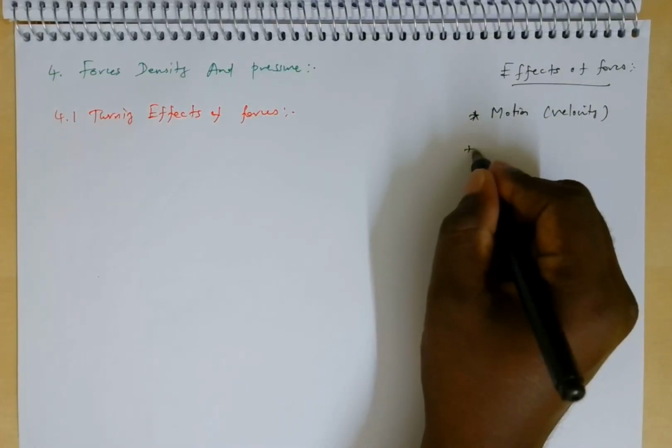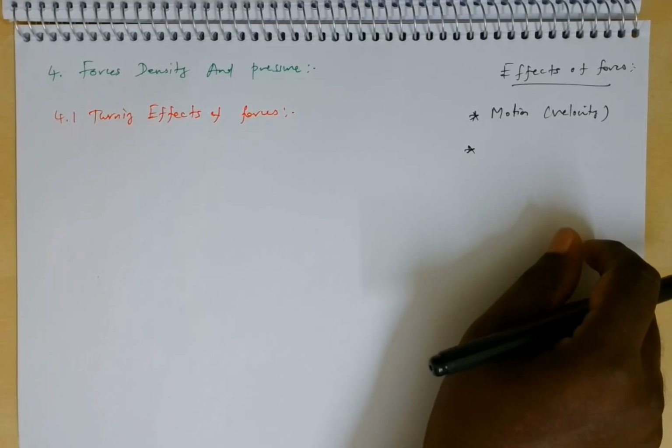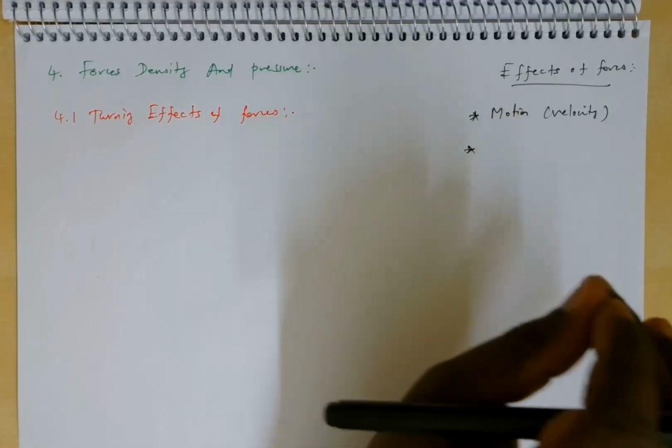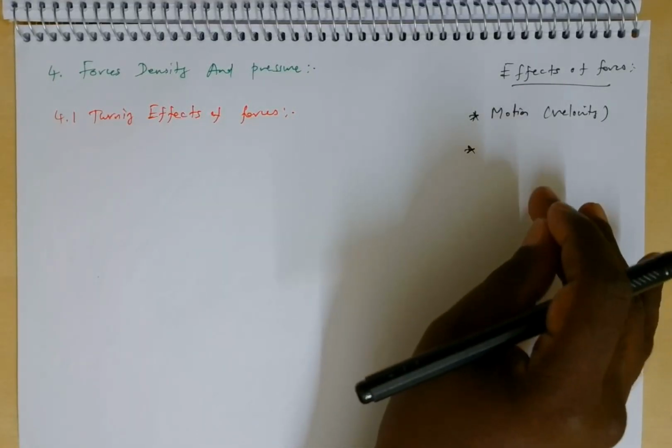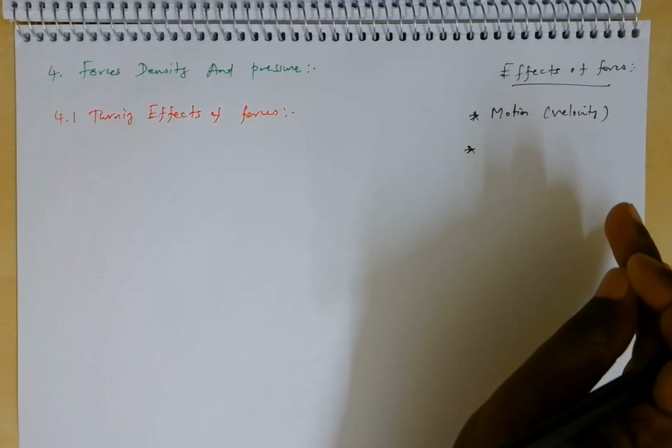Okay. Second, what else can happen apart from motion? Okay. Super. Compress. It can compress the object. Stretch or compress. Okay. So this is in the case where some resistance to the motion is happening.